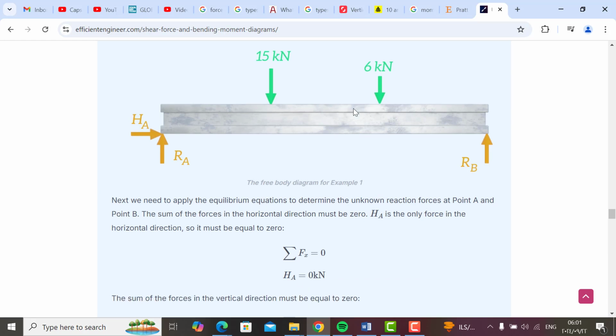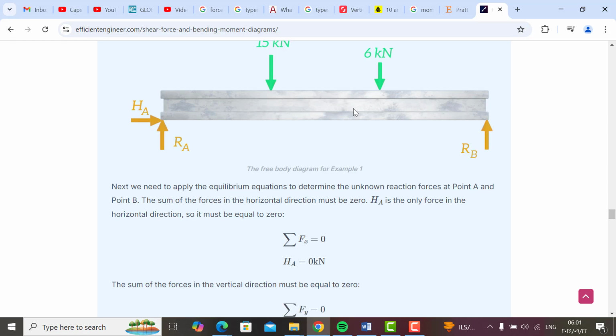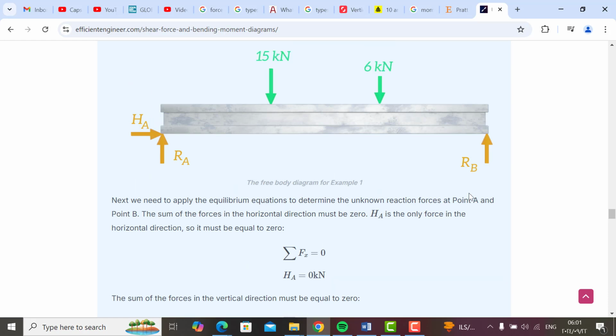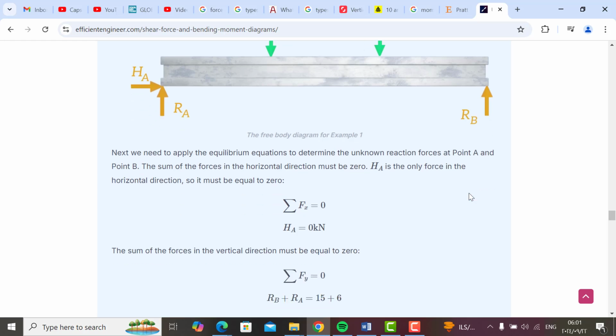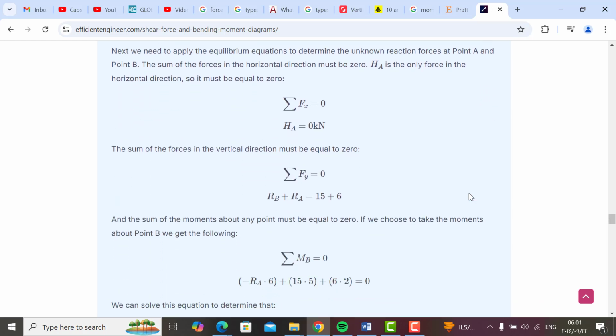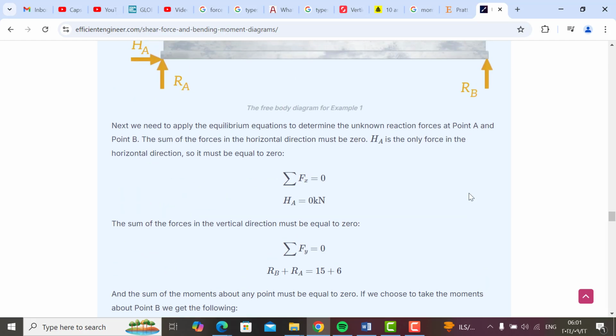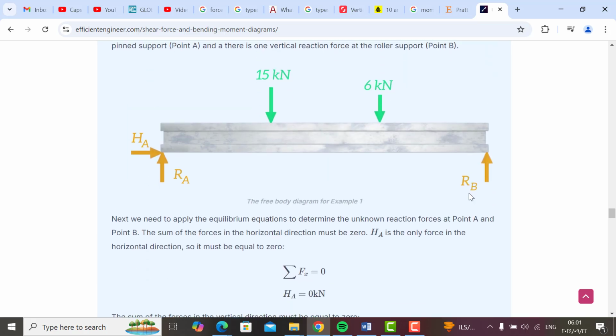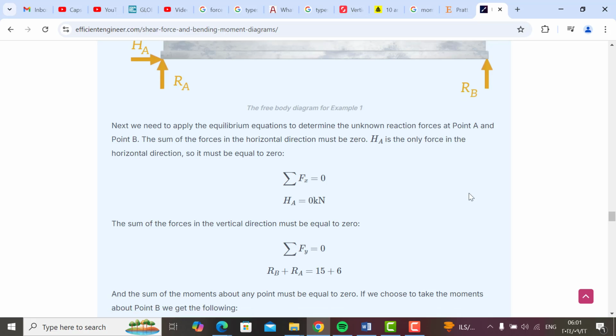we will calculate now the shear forces at point A. So the summation of Fy is equal to 0. So RB plus RA, because they are supports upwards, equals 15 plus 6. And then we have the summation of moments about B. We start with the point on the left side.